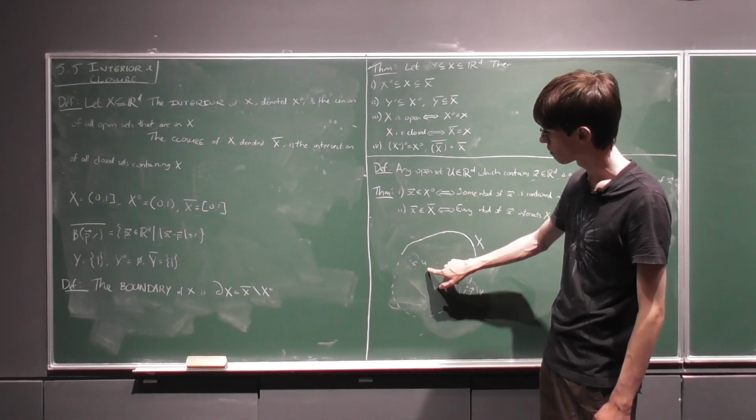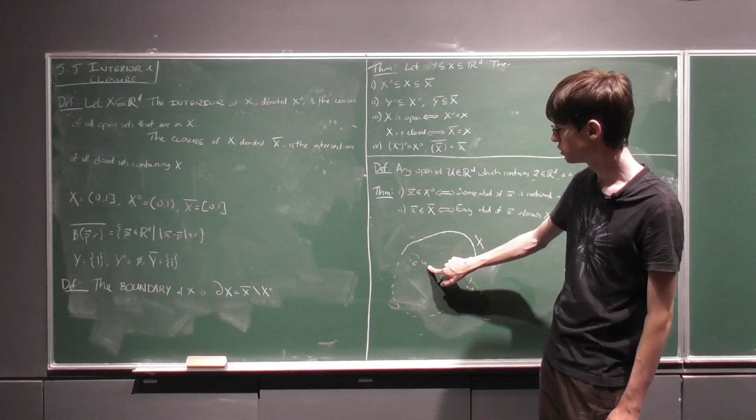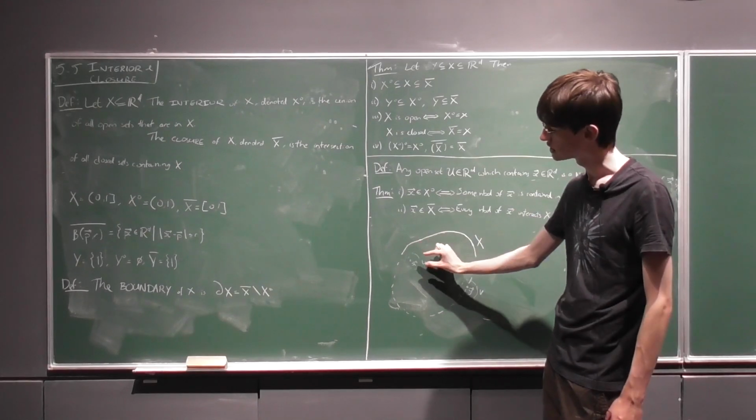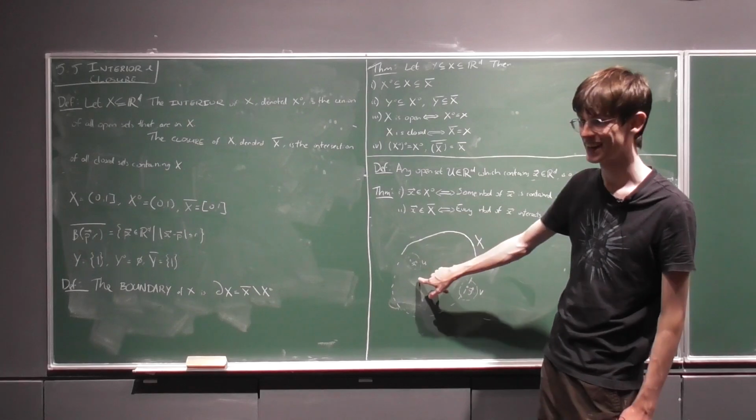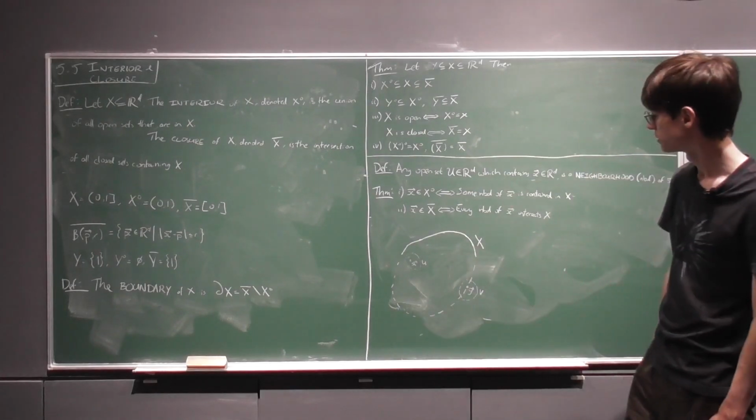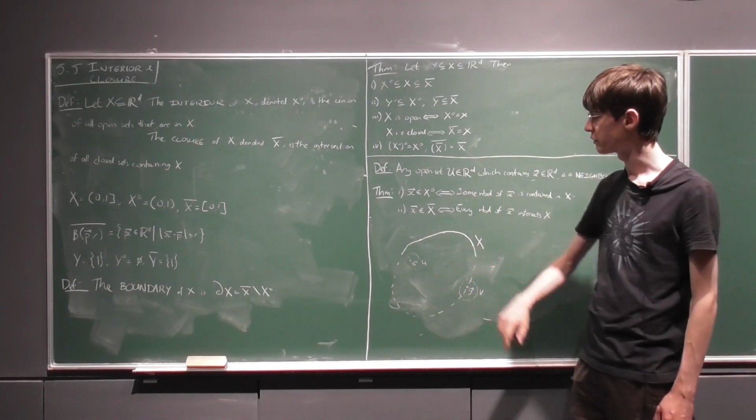So the idea is that maybe we'll have to stretch and morph this U to make it smaller or squeeze it so it can fit entirely within X. As long as it's contained within the set and contains the point, we're all good. x will lie within the interior.